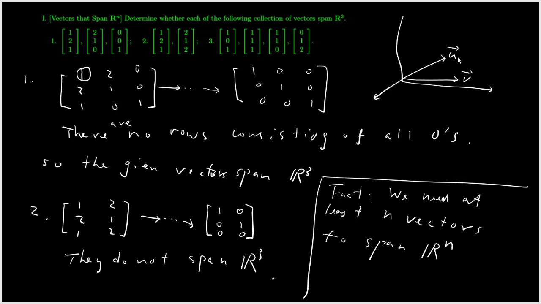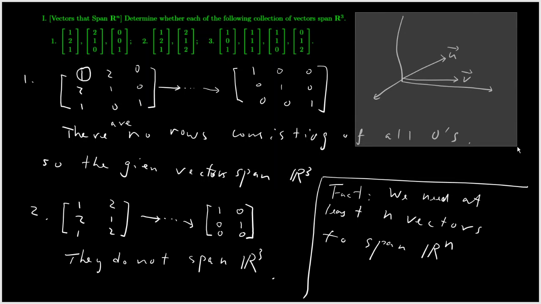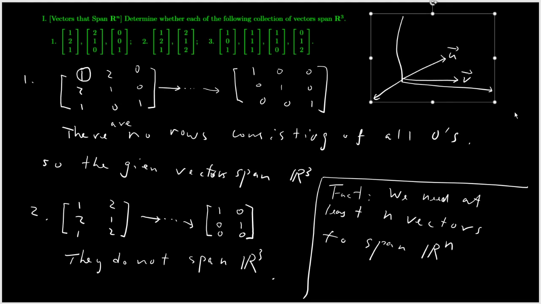So any vector in R3 not on that plane is not a linear combination of U and V. So that makes sense? That's the geometric interpretation of why two vectors cannot span R3. That's probably enough comments for question 2.